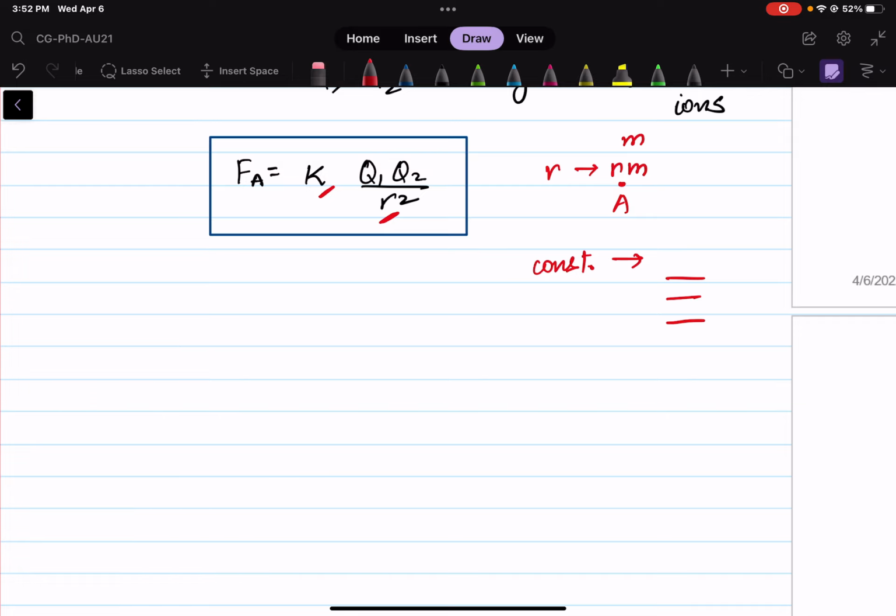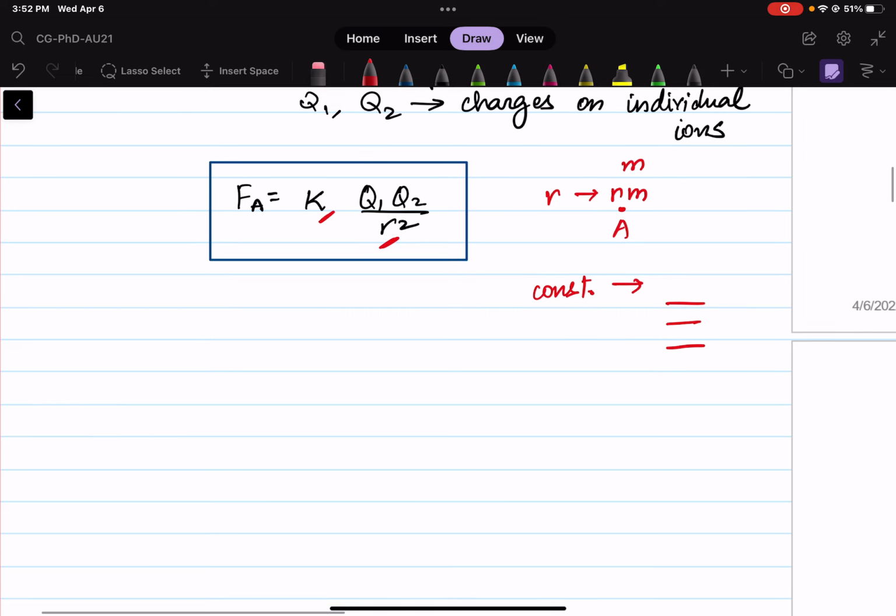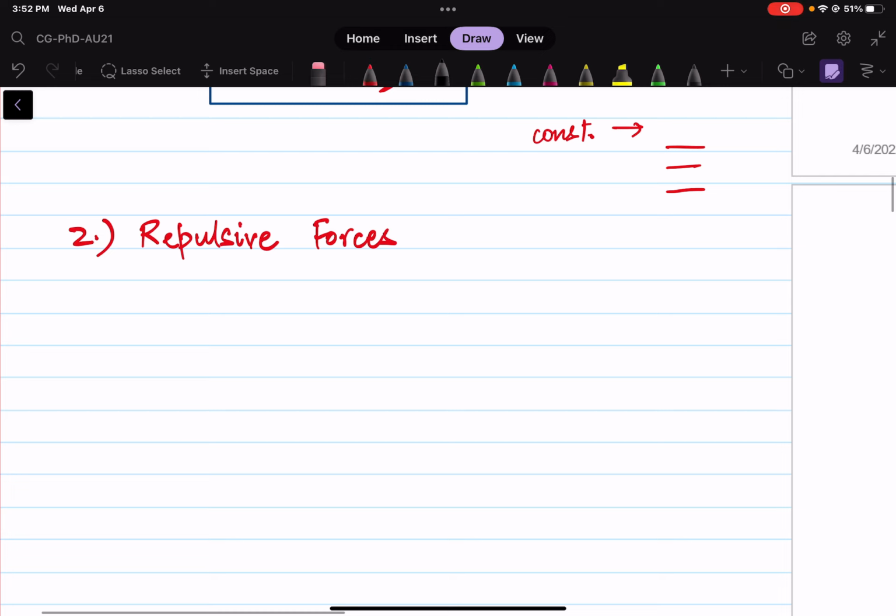The repulsive forces are what we'll be dealing with next. So let's draw the repulsive forces, which is given by FR. Very simplistically speaking, that will be equal to a constant B divided by r to the power n.